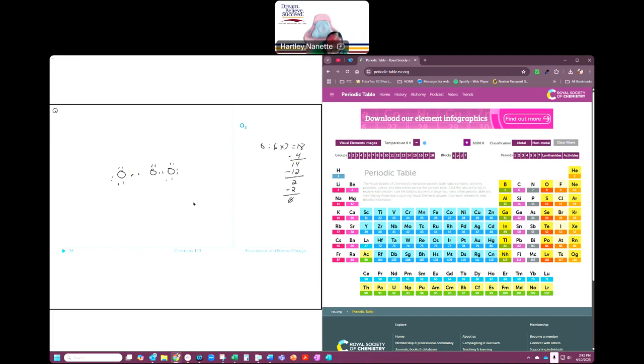That does not give us the best structure. So we know we're going to have to make at least one double bond. So we put this in like this, and that gives us this structure here.